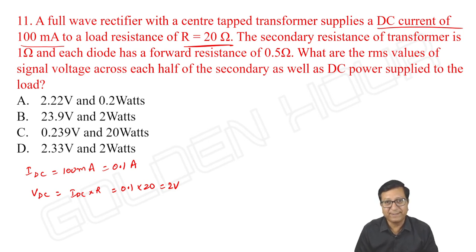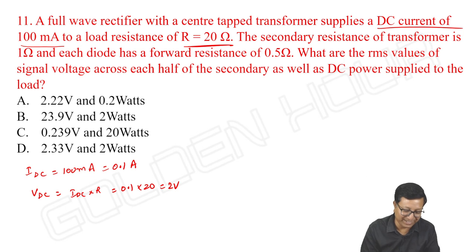Once you know VDC, what are they asking? See, what is the RMS value of signal voltage across each half of the secondary, right? As well as the DC power supplied to the load. Once you know these two, DC power supplied to the load, we can write PDC equal to IDC square into RL or VDC into IDC, anything we can write.